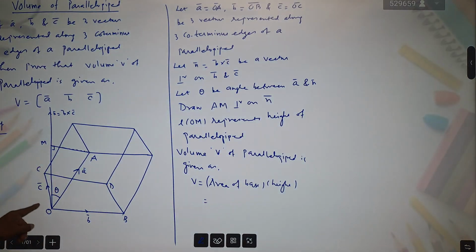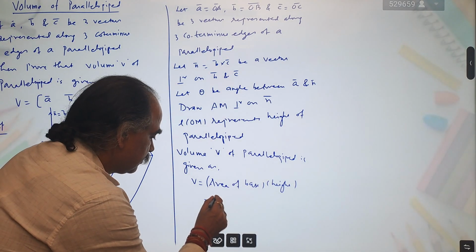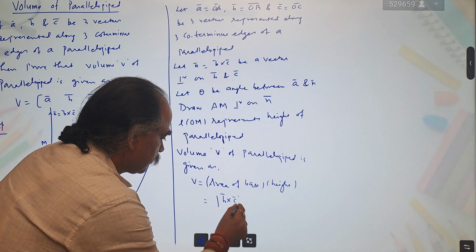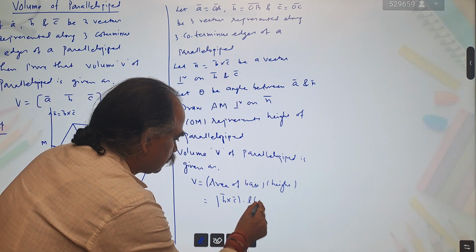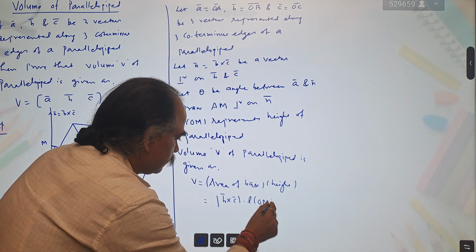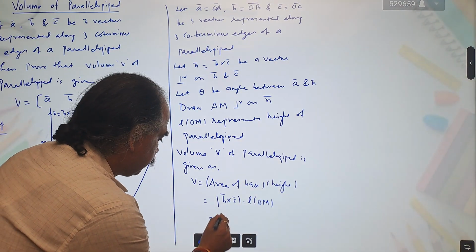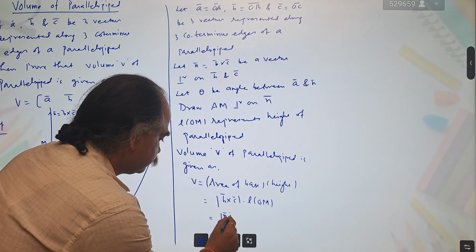Now base is a parallelogram with adjacent sides B bar and C bar. Its area is what? Mod B bar cross C bar, and height is what? Length OM. Mod B bar cross C bar is what? Mod N bar.